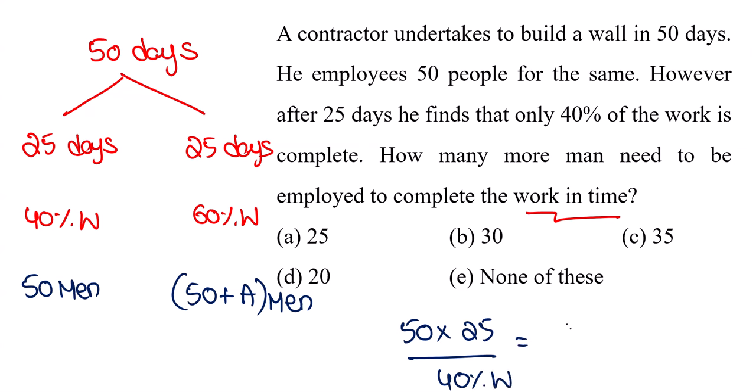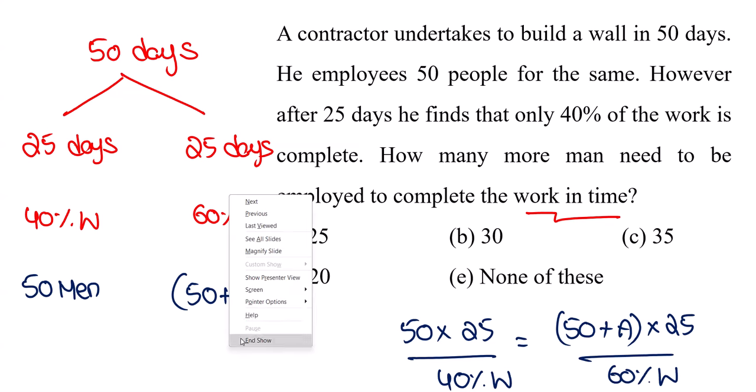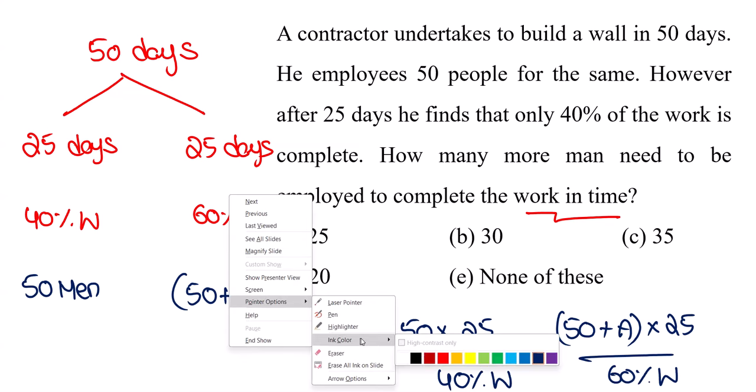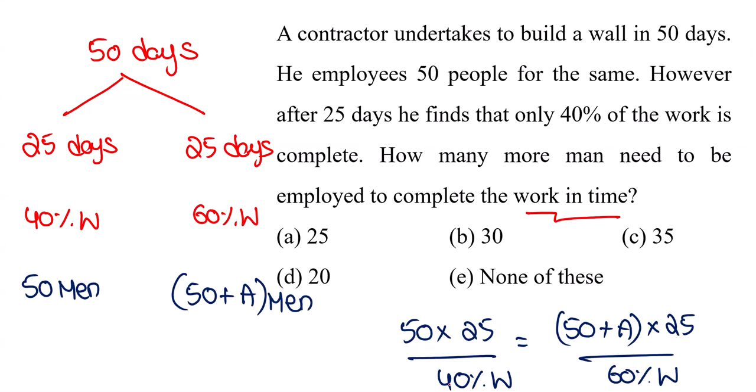Here, how many members, how many days, work is 60%. 25 gets cancelled, and you just calculate. This is 2 times, this is 3 times, 25, 25 out. So A should be equal to 25. I hope you got the idea. The additional men required is 25.